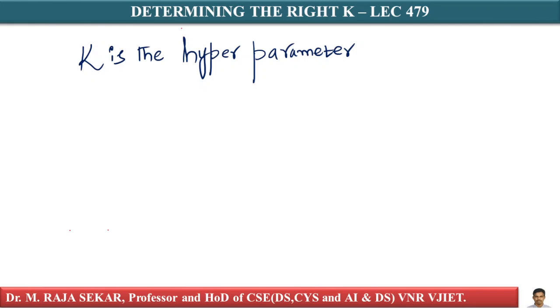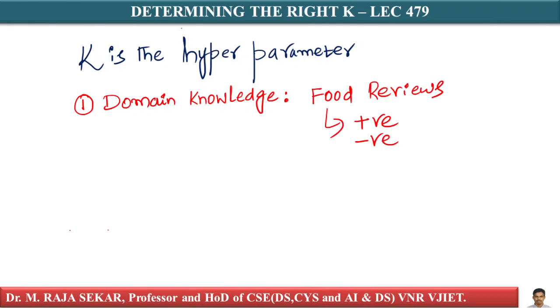Obviously, the first step is from domain knowledge. Of course, if you know that k has to be 2 or 3, in the case of Amazon reviews, in the case of food reviews, if we know that there are only two types of reviews, positive and negative, then you could say that I want to cluster it with k equal to 2.